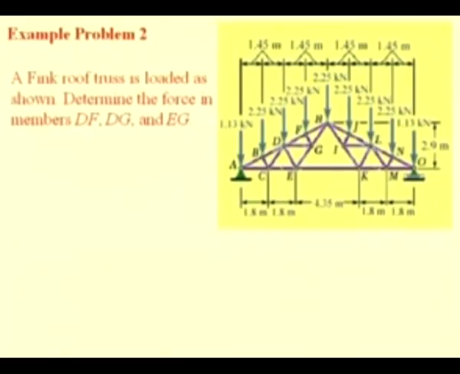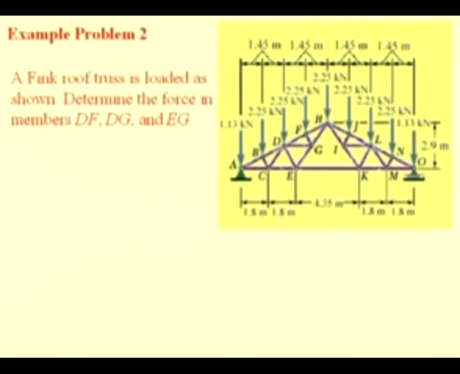So, here you see a roof truss which is known as a Fink roof truss. You see that it is a compound truss constituting of two simple trusses, one AHE and the other HKO, connected by a pin at H and a member EK. And we are interested in finding the forces in the members DF, DG and EG.